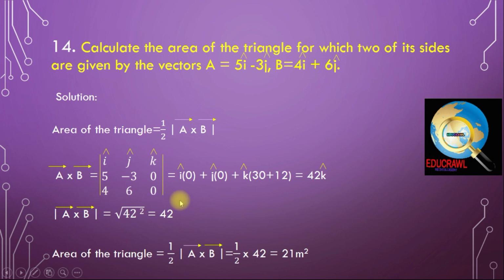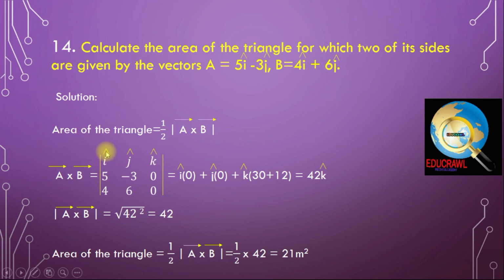We have to write it in 3 rows. i cap, j cap, k cap will be the first row. The second row will be the components of the first vector. The third row will be the components of the second vector. Here you don't have the k component, so below k you write 0 and follow the same steps.